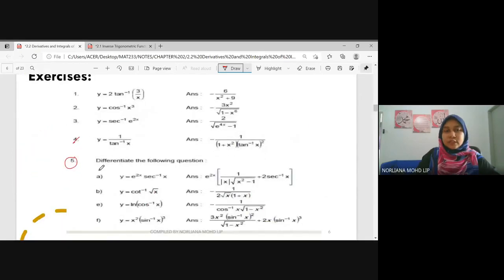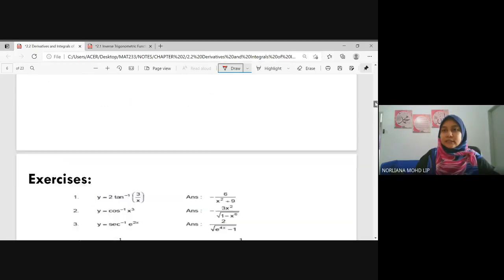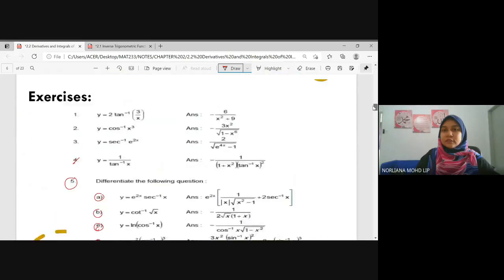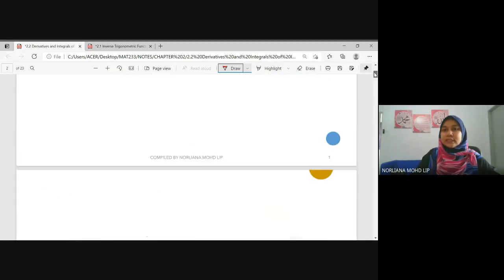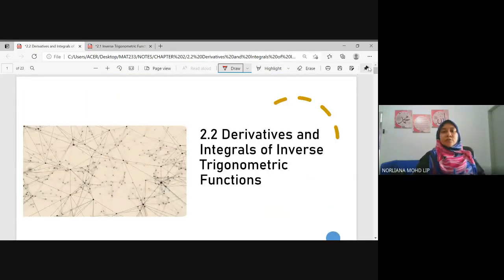Number 5 ni semua A, B, C, D. And then lagi satu tadi tutorial 1. Tutorial 1 for triangle lah. Yang tadi subtopic 2.1 tadi. Okay, tak ada soalan, kita boleh stop sampai sini.